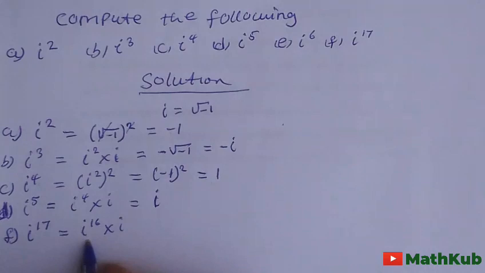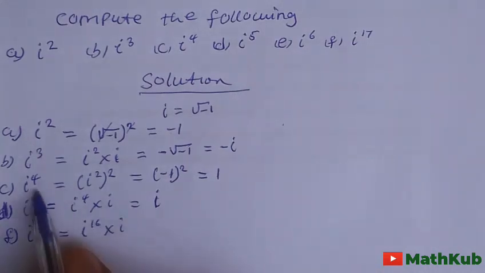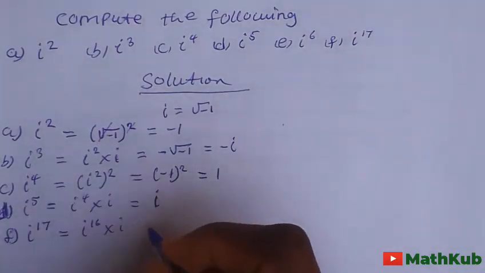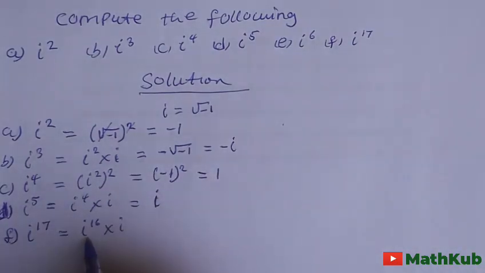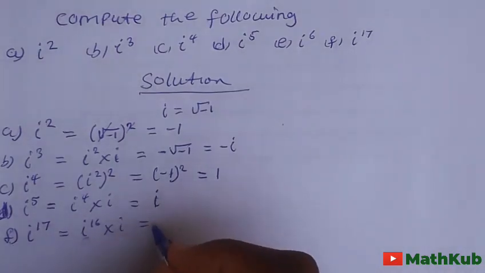Then i raised to the power of 16, since it is a multiple of 4, is equal to 1. Then 1 times i, you have i.